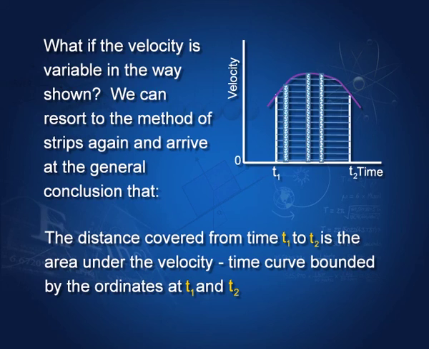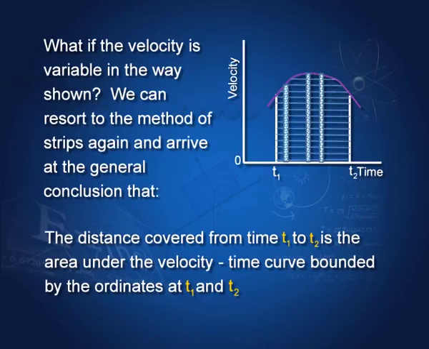So, the whole area would be equal to the area of these strips, which is the area under this curve from time t1 to t2. So, the distance covered from time t1 to t2 is the area under the velocity time curve bounded by the ordinates at t1 and t2.